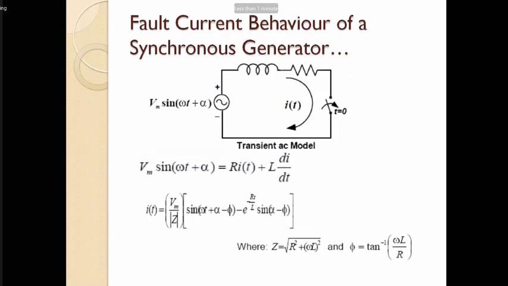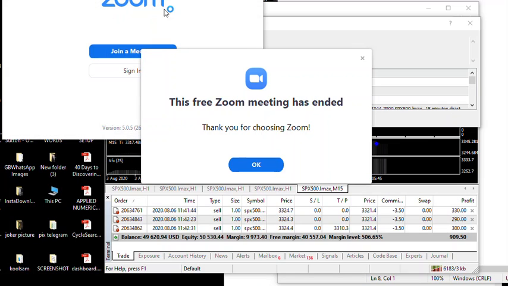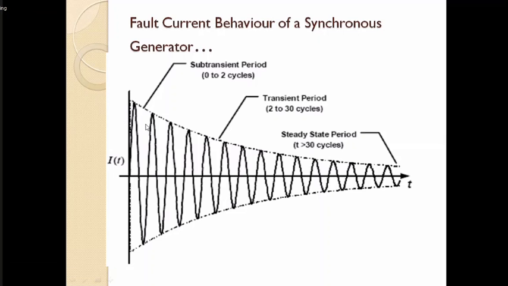Let me bring one diagram. Understand this diagram. This is the current behavior of a synchronous generator. The first 0 to 2 cycles of this response is the sub-transient period.